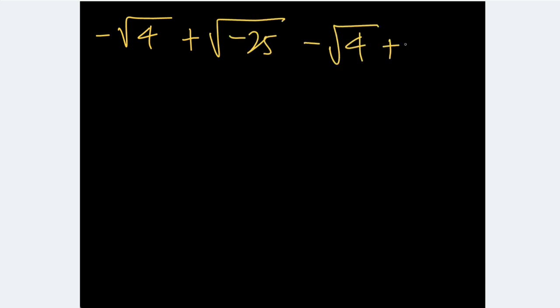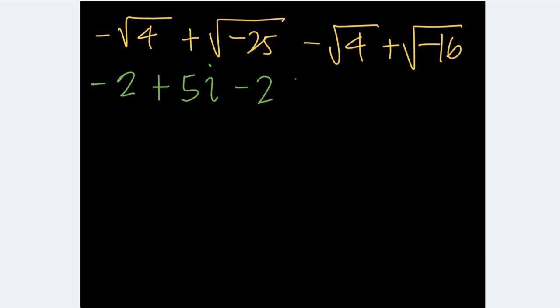You solve them. Okay, negative square root of 4 plus square root of negative 25 minus square root of 4 plus square root of negative 16. So this is negative square root of 4 is negative 2 plus square root of negative 25 is 5i minus 2 plus 4i.